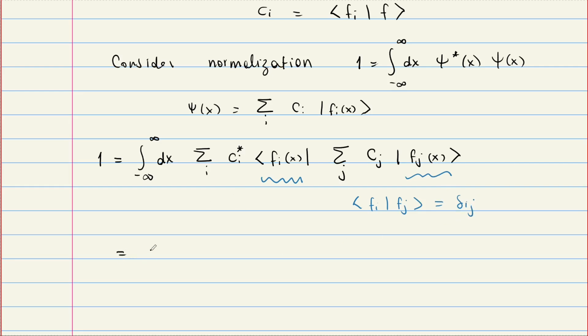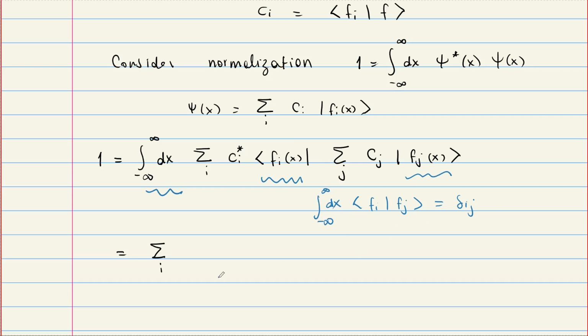And from here I see the sum over all i. There was one summation for i. Let me be a little bit more correct.